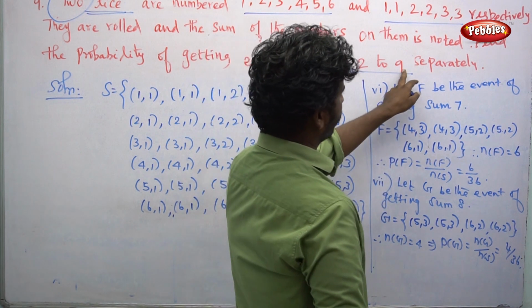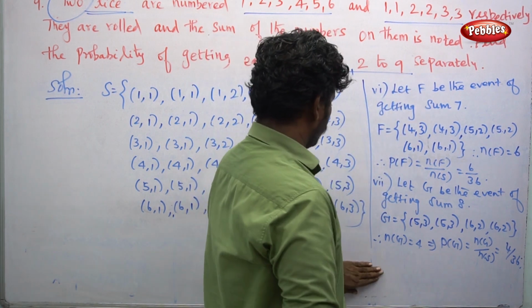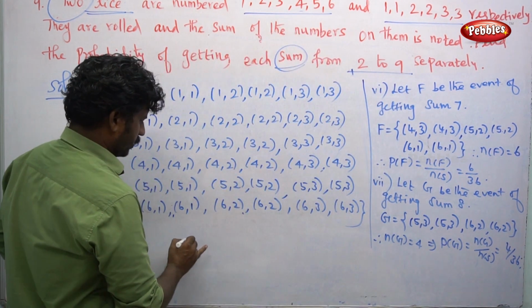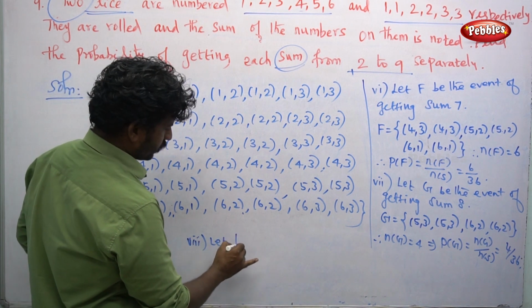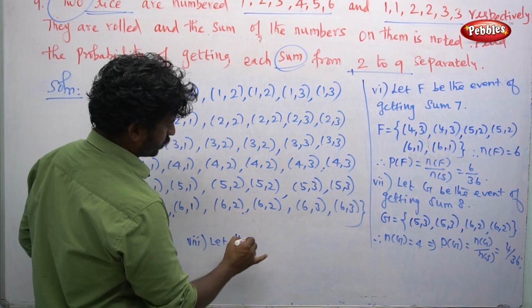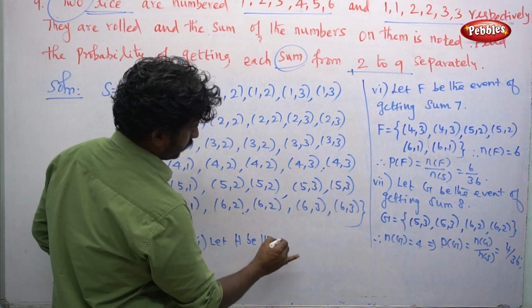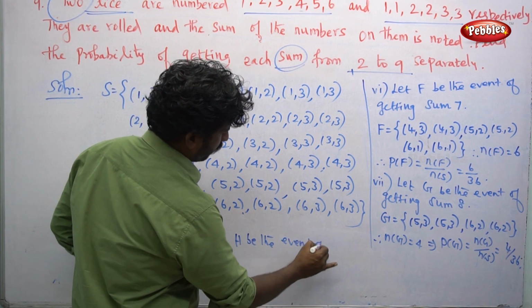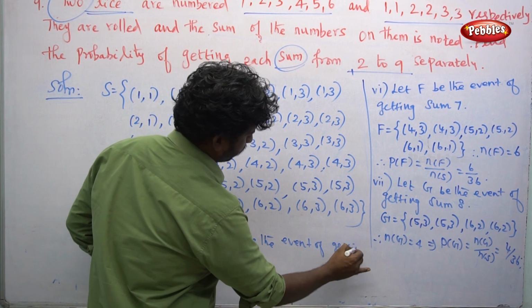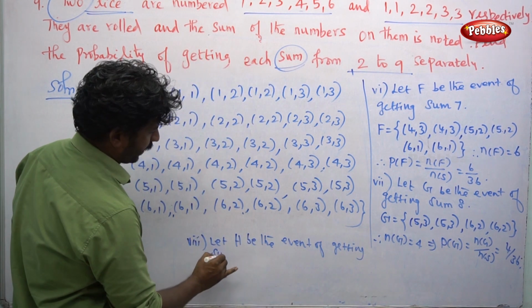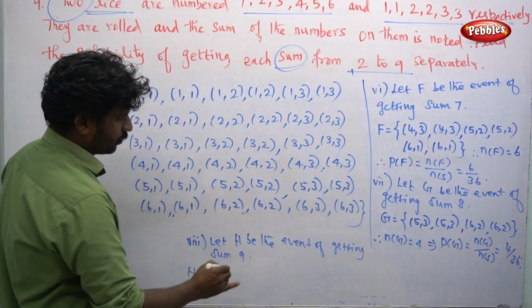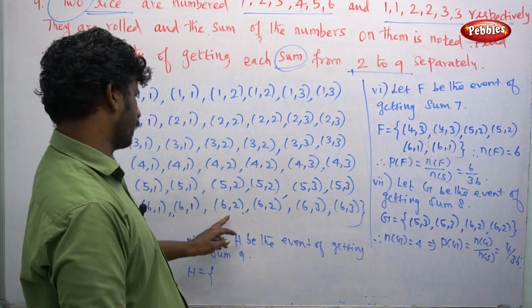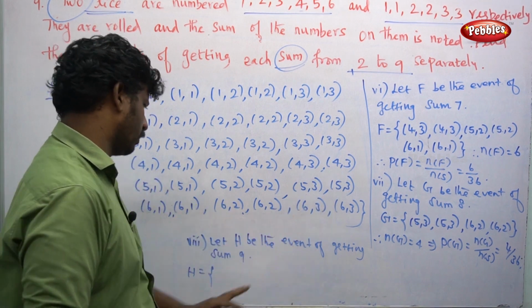அடுத்து sum 9 வரைக்கும் போடணும் இல்லையா. So now the next event, let H be the event of getting sum 9. So the H set is equal to, 9 வர மாதிரி 6, 3 only possible, right?